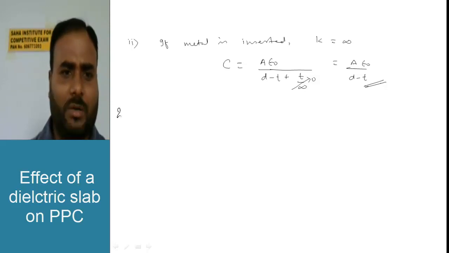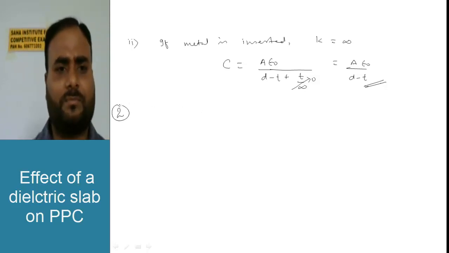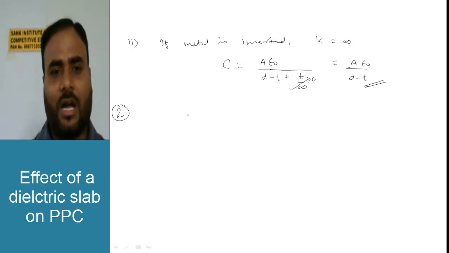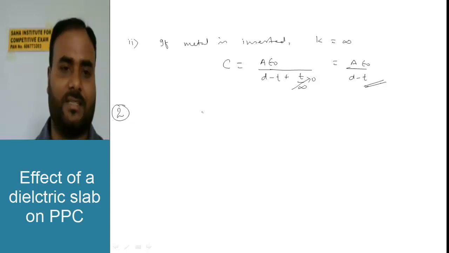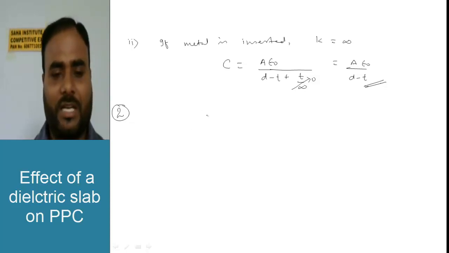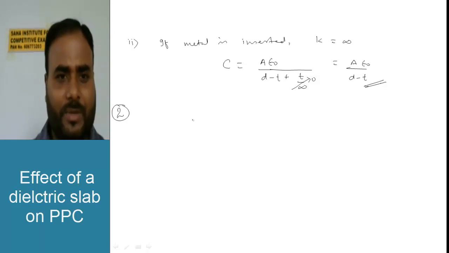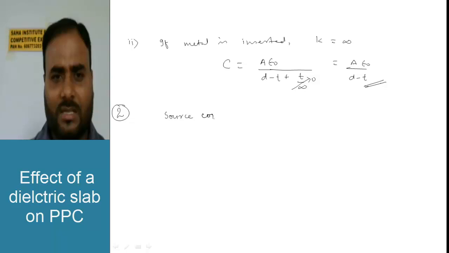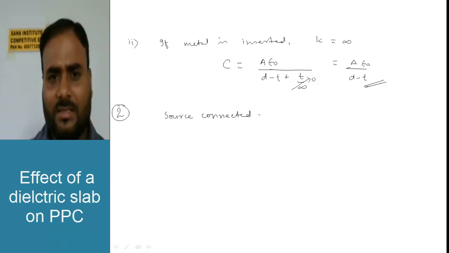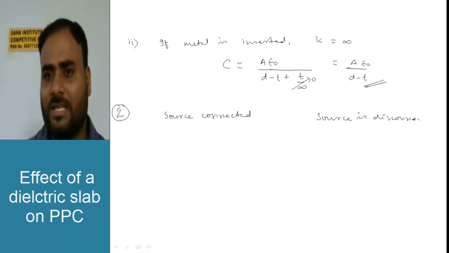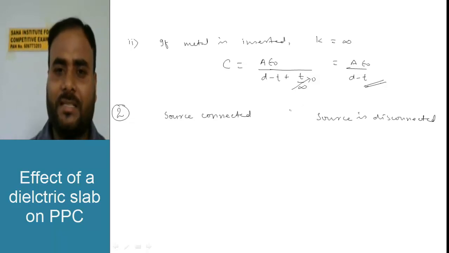Now we'll move to number 2. Now we can discuss how the capacitance will be affected if I keep the source connected, and another case where the source is disconnected before I insert the dielectric slab.